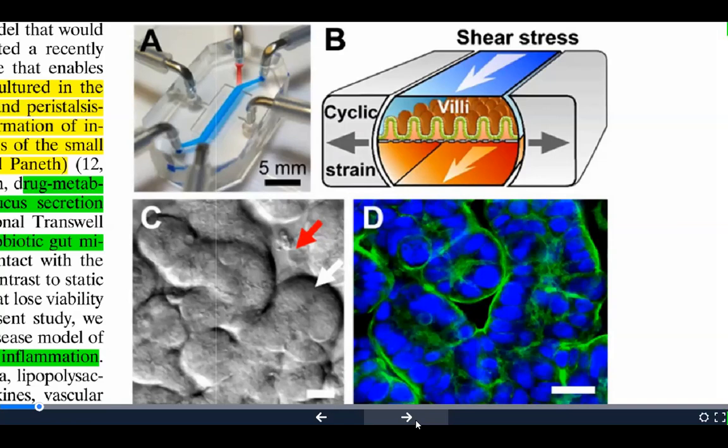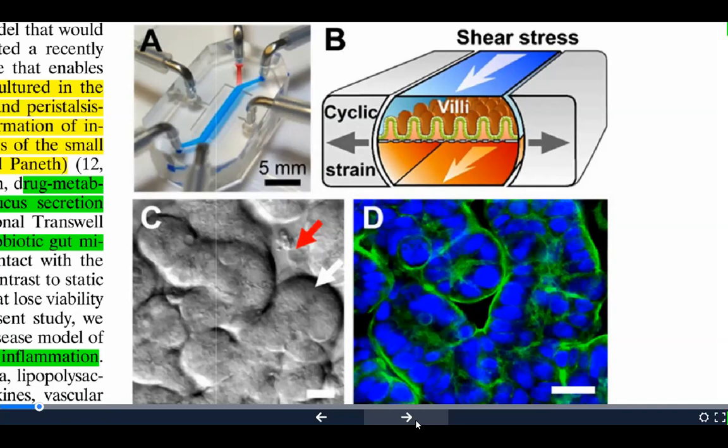As you can see, they were able to build this villus and crypt-like architecture, which is what we expect to see from in vivo healthy epithelial cells. And as you can see in figure D, there are polarized differentiated epithelial cells that have formed this tight brush border in the picture.